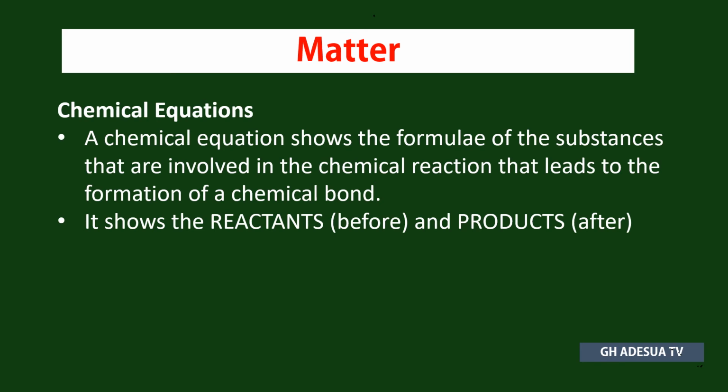And once this reaction takes place, there is a formation of a chemical bond between the new substances that are formed. That is why you can't easily separate a chemical reaction, as you can do for a mixture, as against a compound.